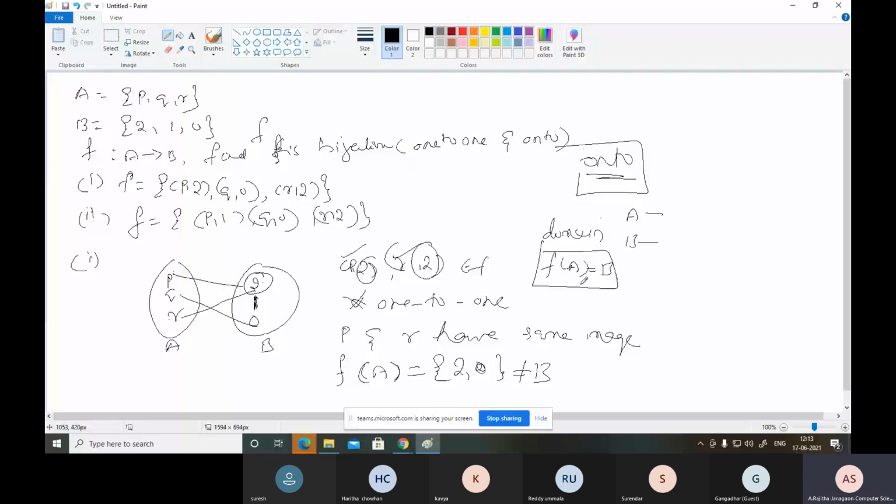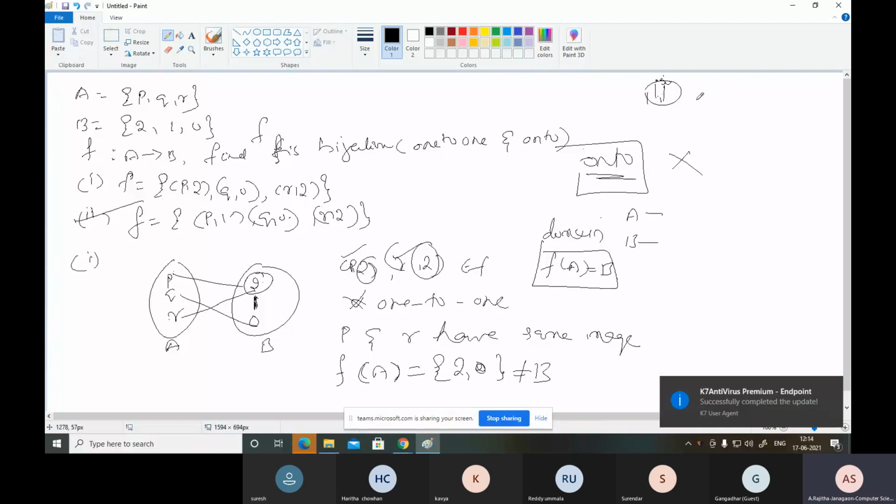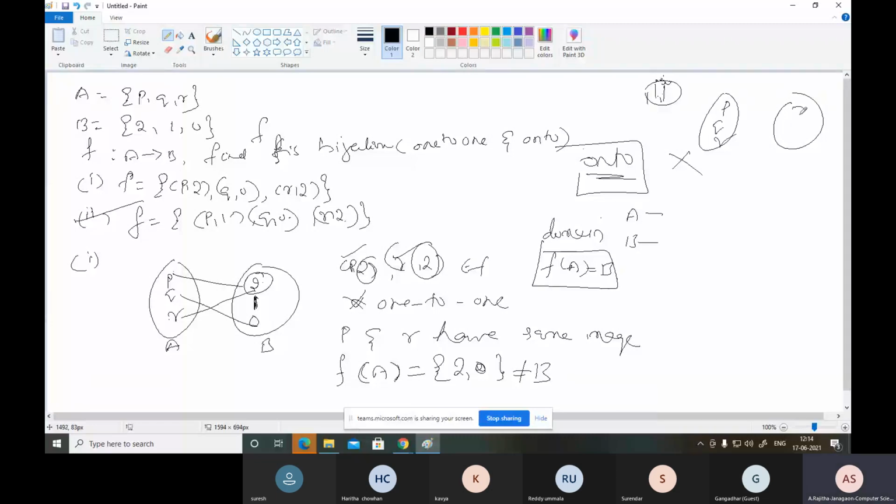Okay, next, for the second one, f equal to 1 0 2. So this is P Q R, and here 2 1 0.